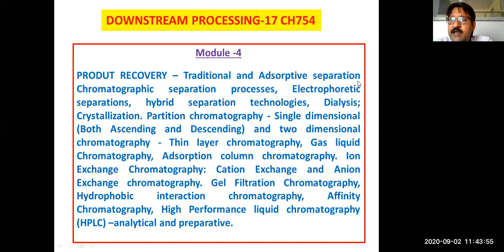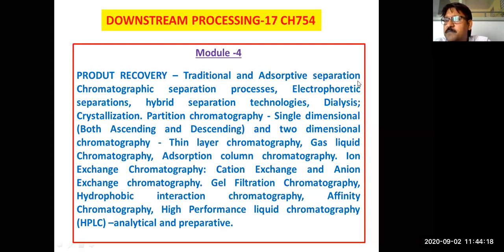How will this impurity be removed? Sometimes you can take the example of laboratory chemicals, which are available as industrial grade, laboratory grade and analytical grade. Industrial grade, suppose you buy ethanol, it will be around 30 to 40 rupees per liter.